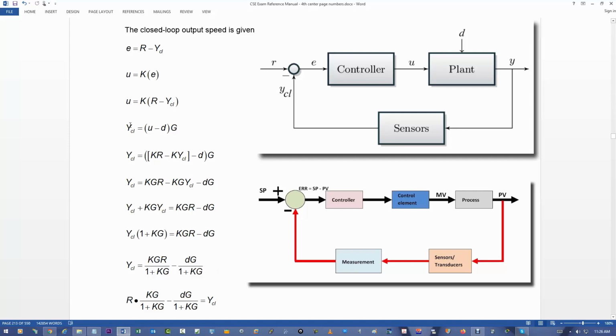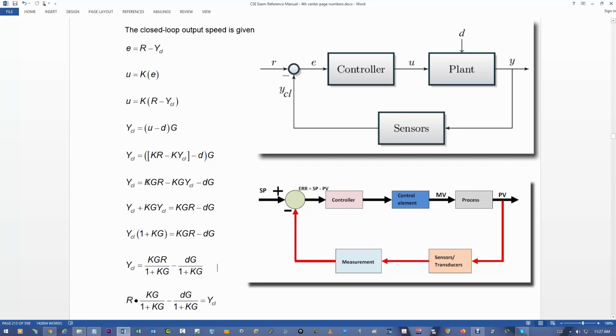So now we had YCL equals U minus D times G, the gain of the plant or the process. Then for YCL, we substitute in what U is. U is K times R minus K times YCL. So we get K times R minus K YCL, minus the disturbance, all times the gain of the plant. Multiply through by the gain of the plant.